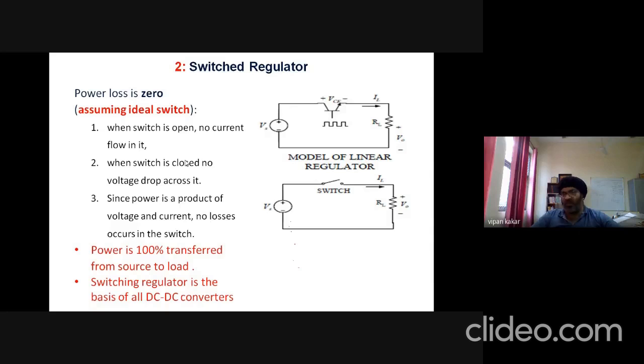When the switch is off, power is zero, ideally. Power loss in the switch is zero, so the whole power reaches the output. So output divided by input is 100%. From now on, regarding switched regulators, we'll be dealing in the saturation region and the cutoff region. Any switch will be operated in cutoff or saturation.